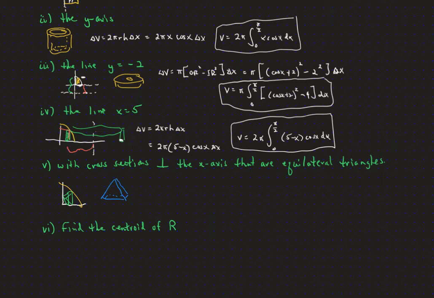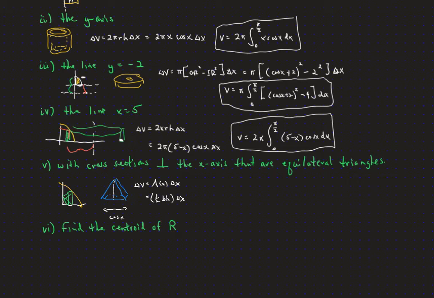Our delta volume is going to be the area of that cross-sectional piece times a delta x. And the area of that cross-sectional piece is going to be 1/2 base times height because it's a triangle. This base across here is just our function.